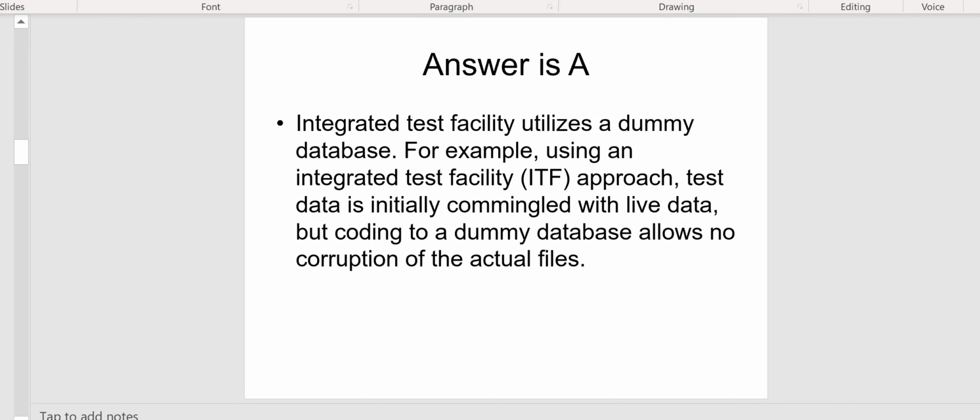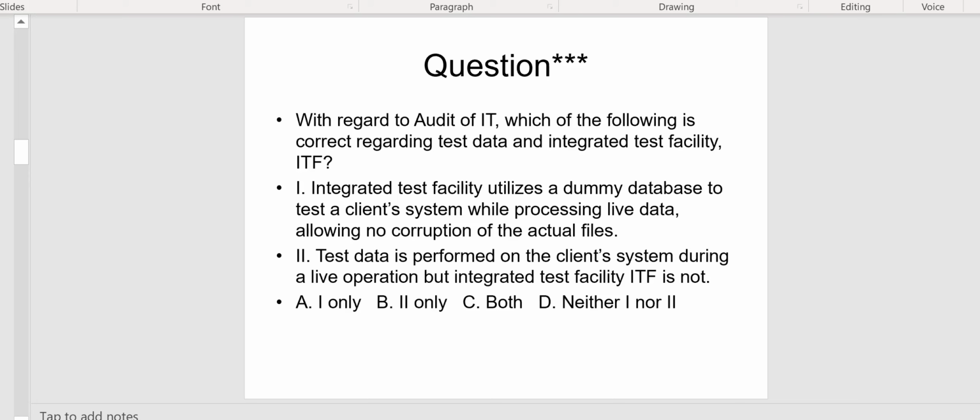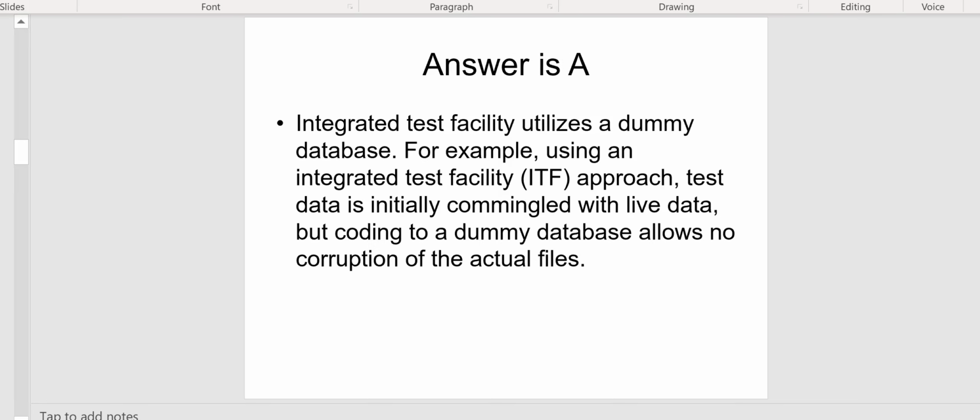And the answer is 1 only, because 2 says it backwards, doesn't it? With 2, test data is performed on the client system during a live operation. No, ITF is performed on the client system during the live operation. So it's 1 only, letter A.